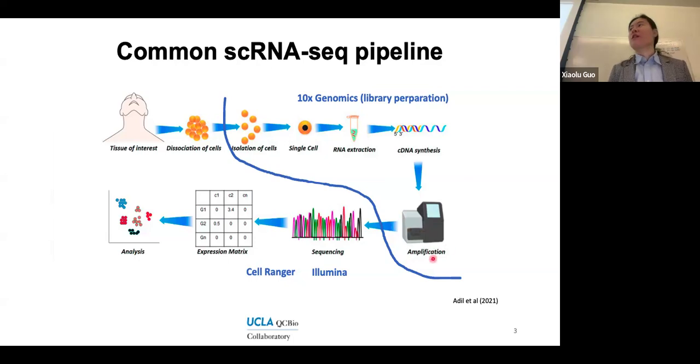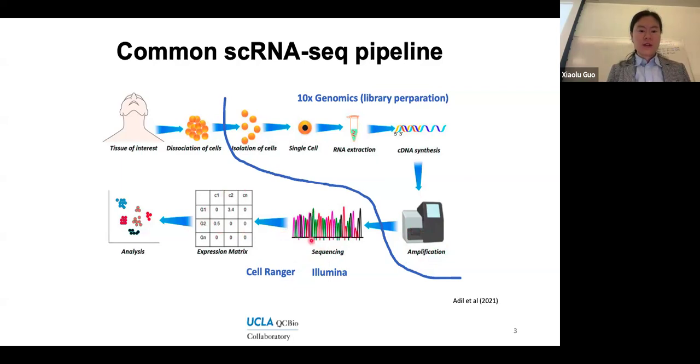And after we send it to the core, we will get the sequencing files from them. The sequencing files give us the barcode for each cell, the molecular UMI to identify which mRNA it comes from, as well as the sample ID, so which sample it comes from.